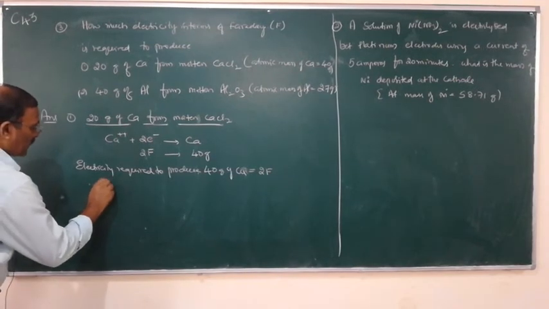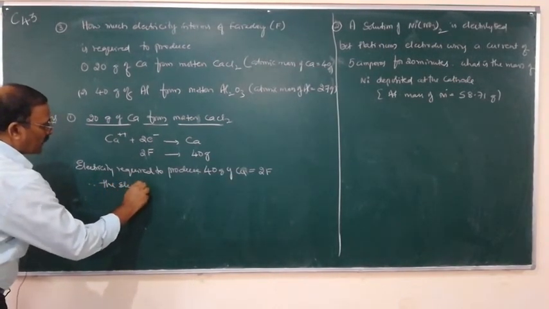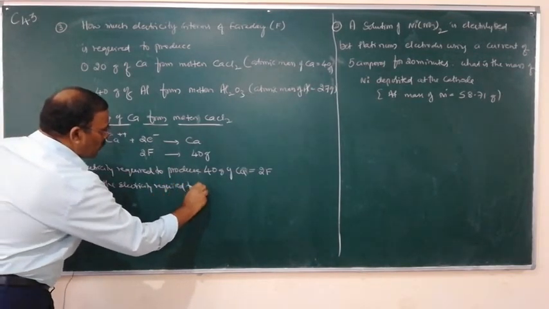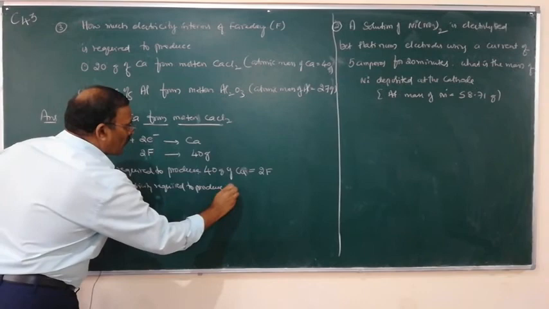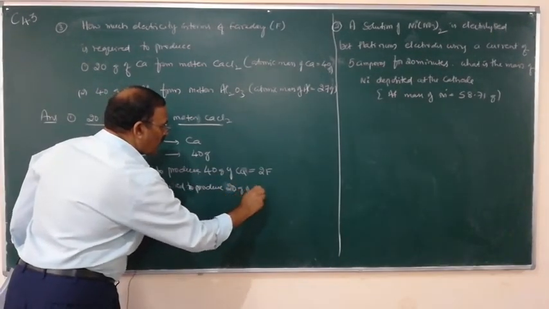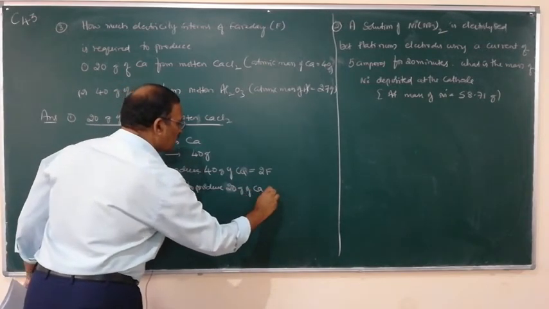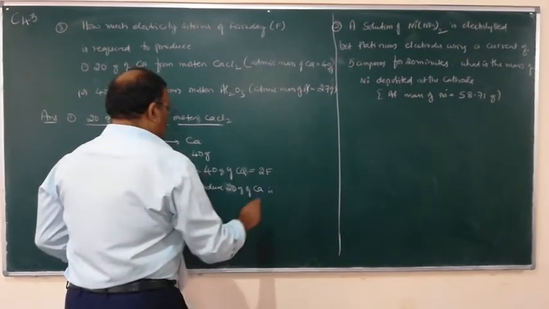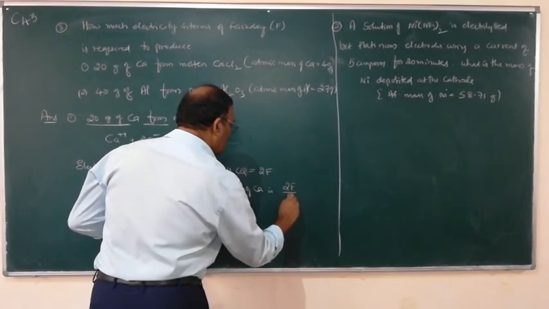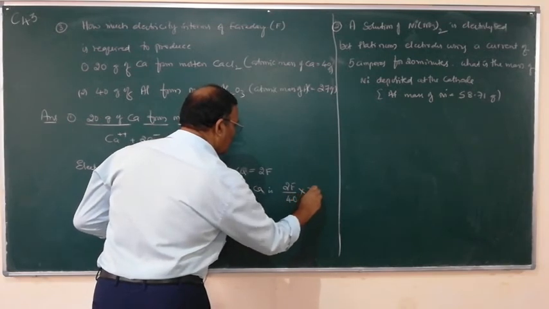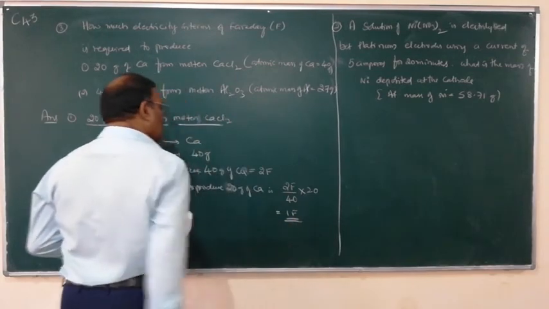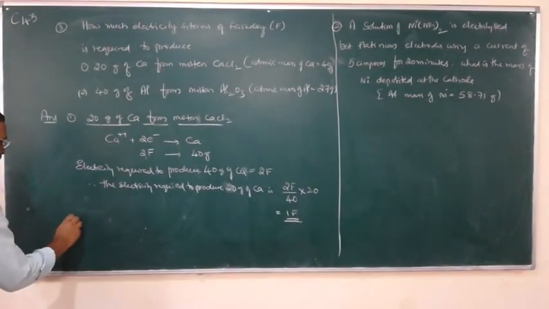Therefore, the electricity required to produce 20 gram of calcium is 2 Faraday divided by 40 into 20, that is equals 1 Faraday.